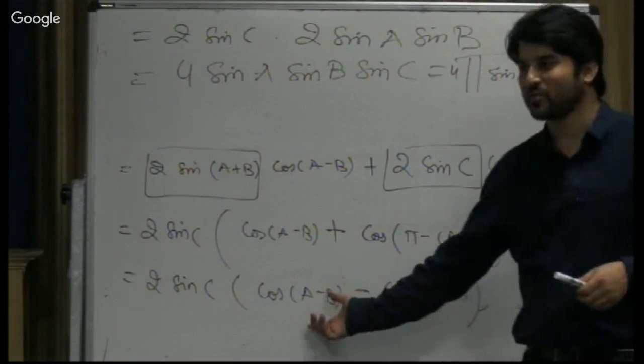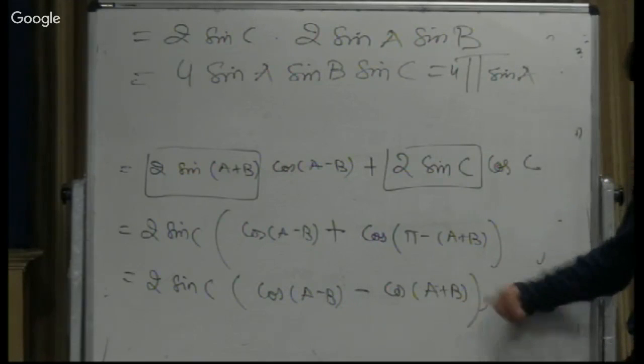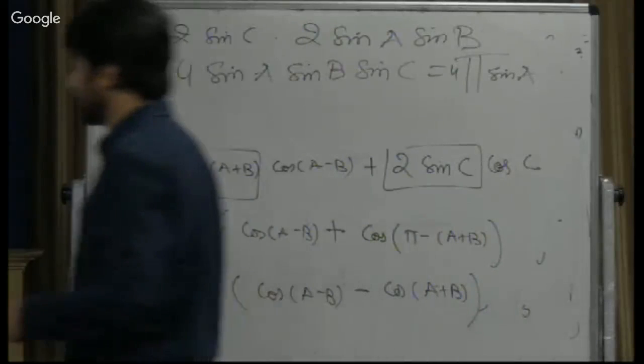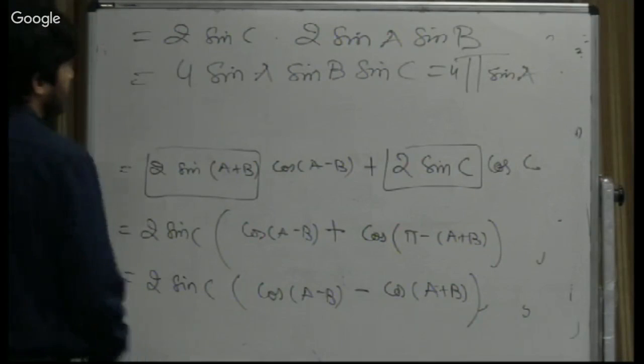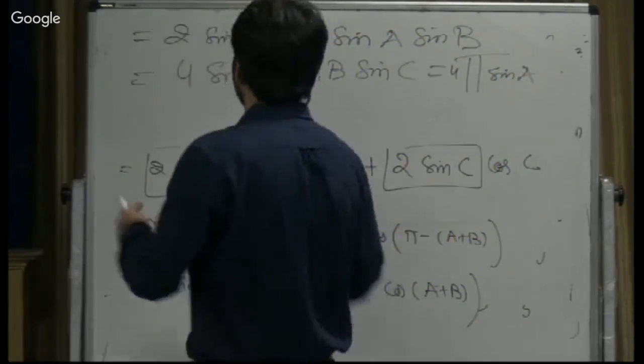Cos A minus B is cos A cos B plus sin A sin B, minus cos A cos B plus sin A sin B. So cos A cos B cancels, and twice of sin A sin B is left. Clear?